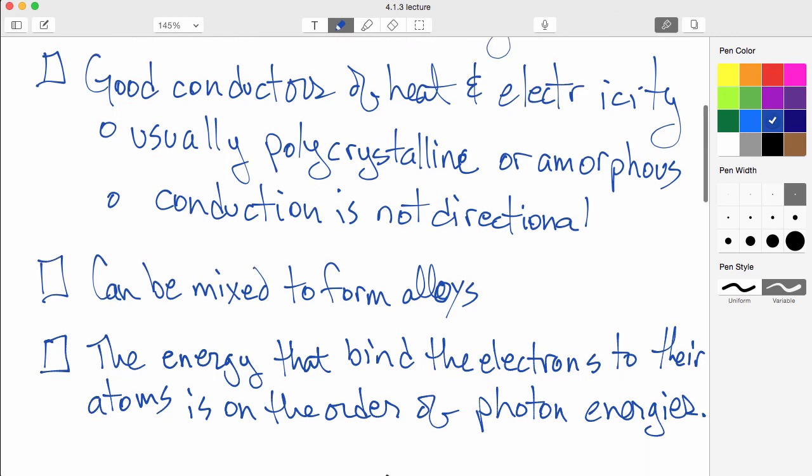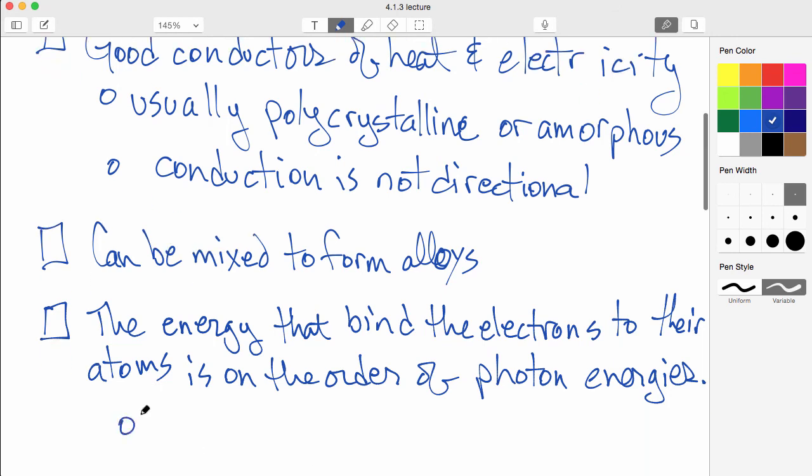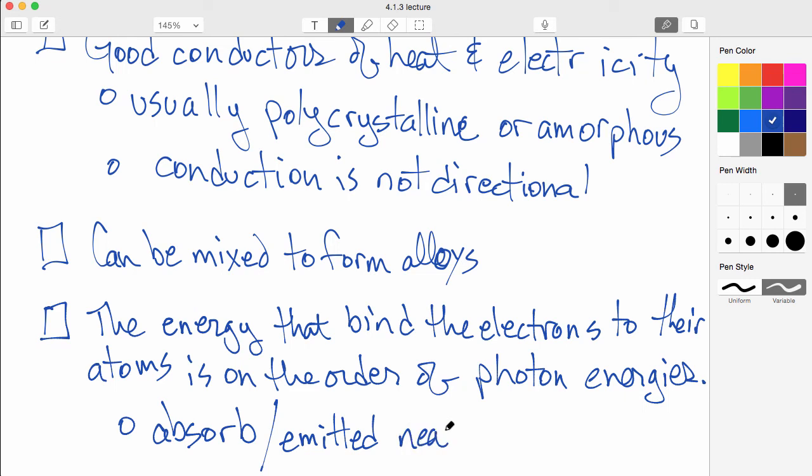And of course, what that means beyond the photoelectric effect is that these are often leading to effects where a photon might come into a metal and be absorbed, but then also be emitted very easily and be emitted near the surface.